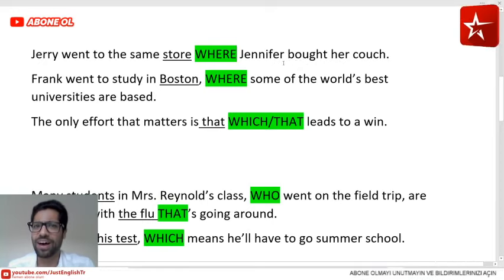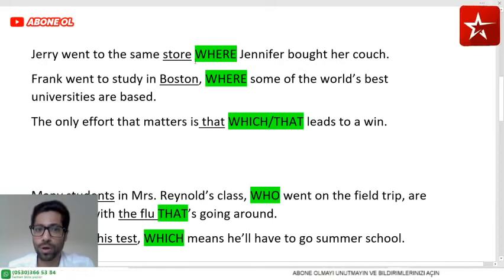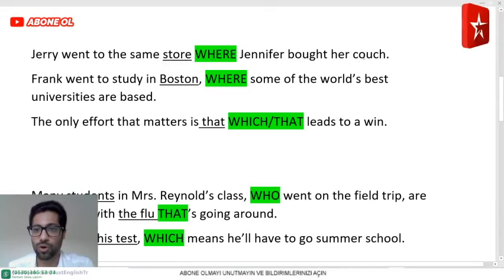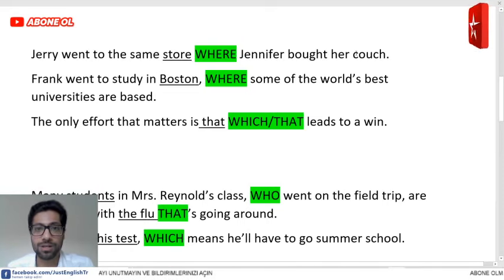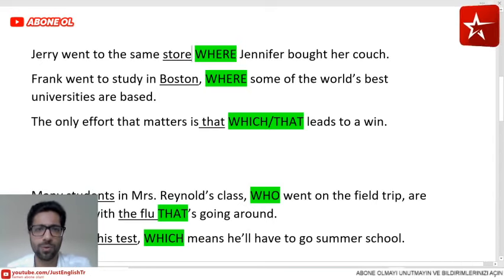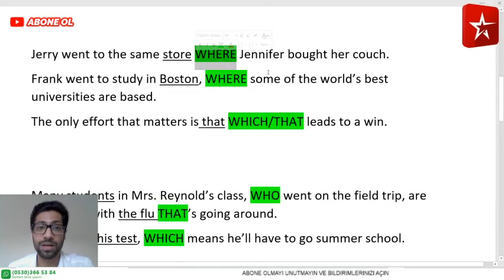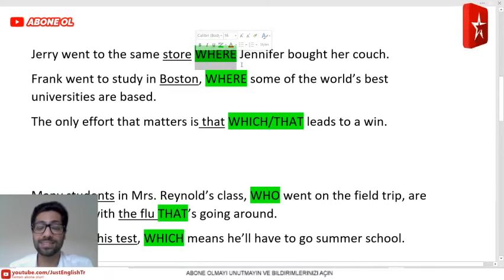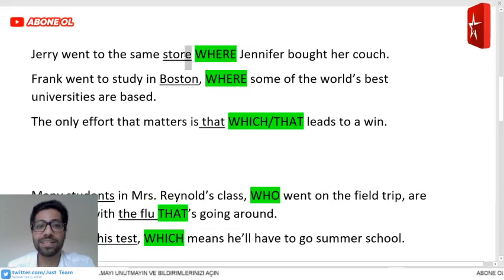Now you have an idea about what store they are talking about. They are talking about a store which sells house supplies, couch, bed, and so on and so on. So when you say where here, in order to define the store, okay, I am defining the store.